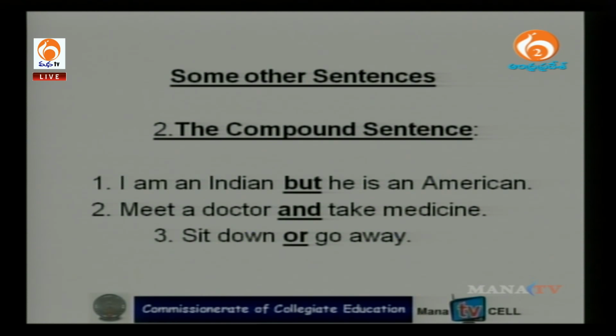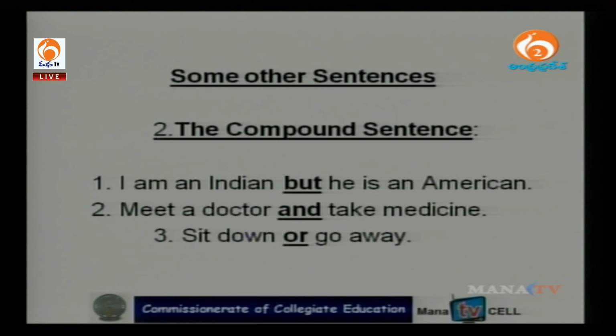These two sentences are combined together with a conjunction, but, and in the second sentence you will find two imperative sentences combined together with a conjunction, and the third one is also an imperative sentence combined with or, sit down or go away. If you remove the conjunction, you will find two independent clauses, what we call generally main clauses or independent clauses. A compound sentence may contain a minimum of two or more main clauses or independent clauses combined together with conjunctions.